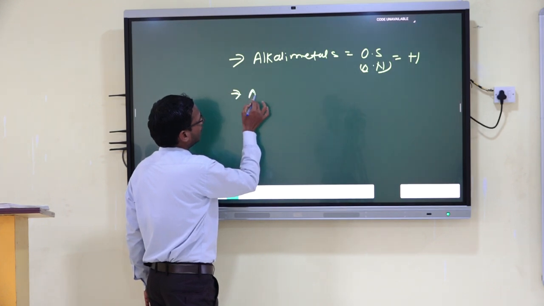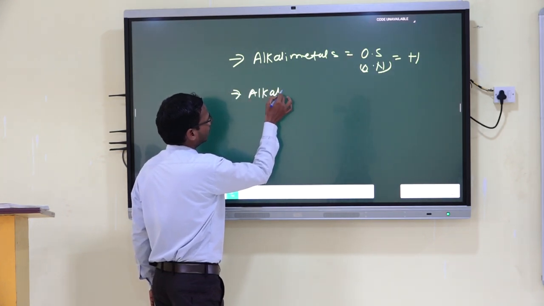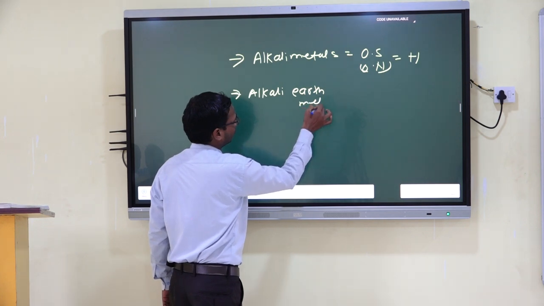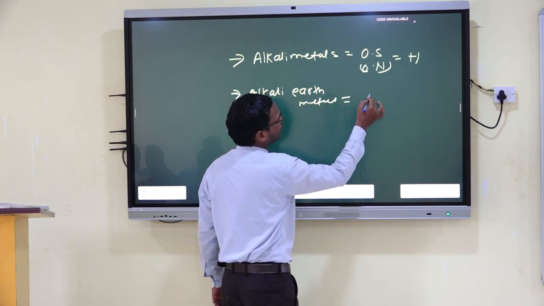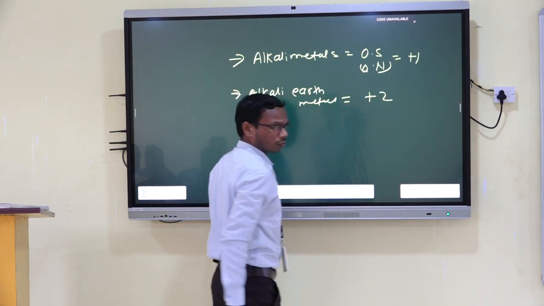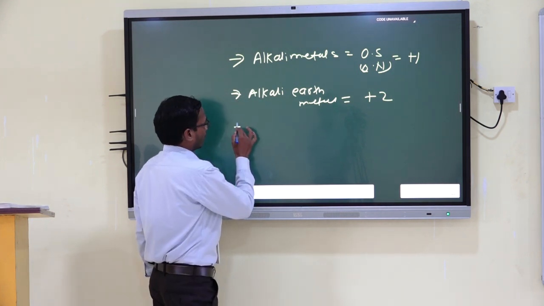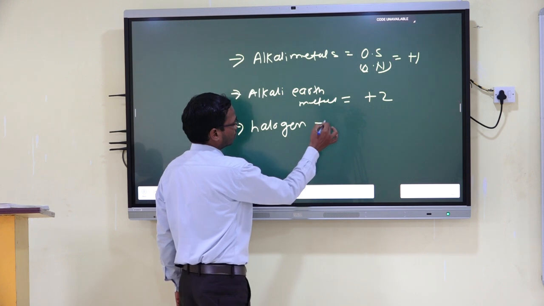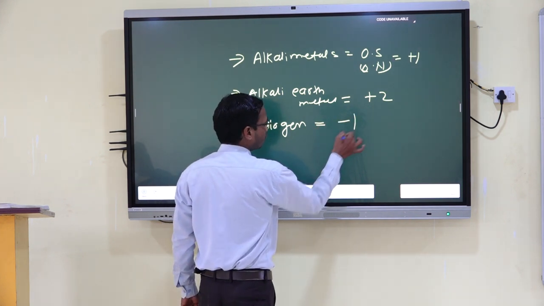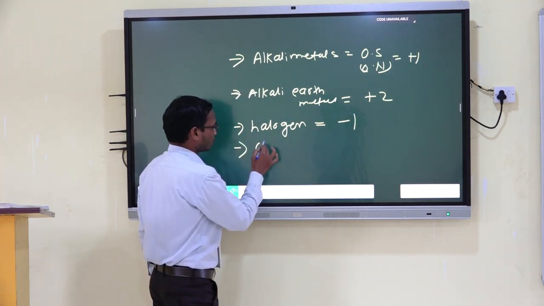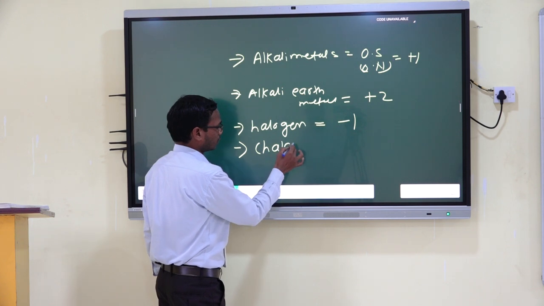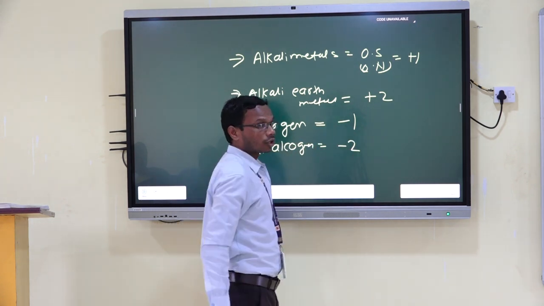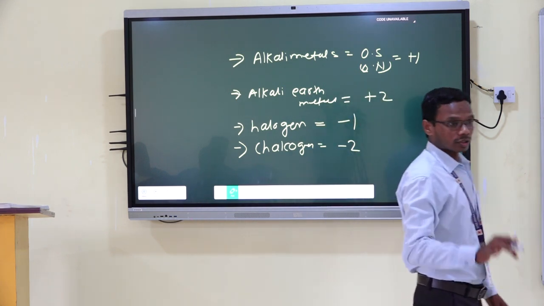Then alkaline earth metals have oxidation state +2. Then halogens, the oxidation number is -1. Chalcogens or oxygen is -2. But there are some exceptions.